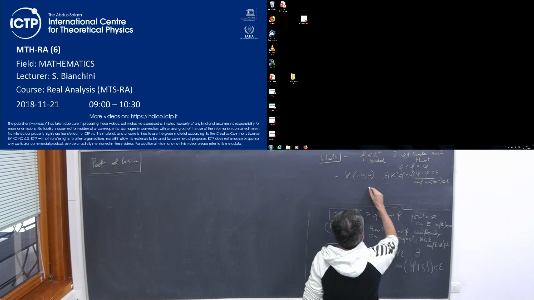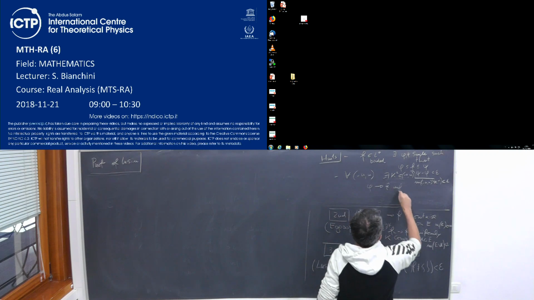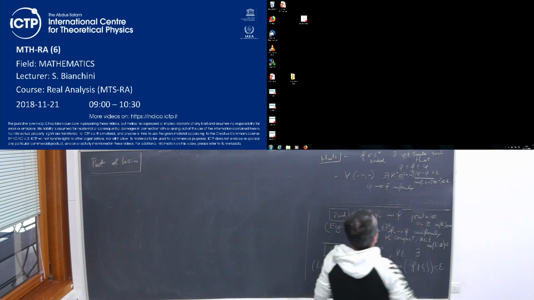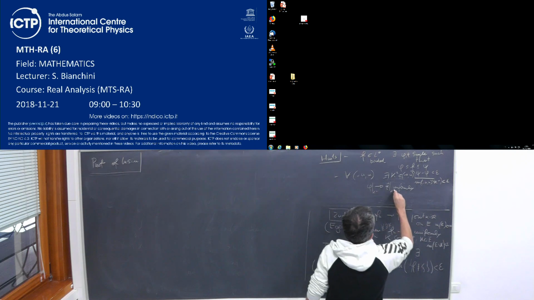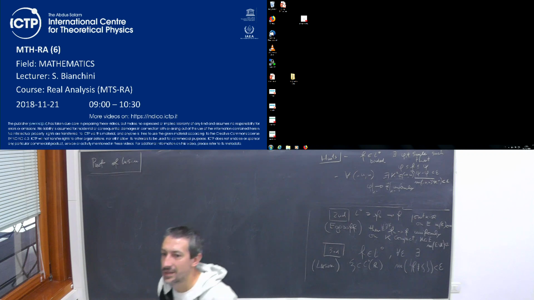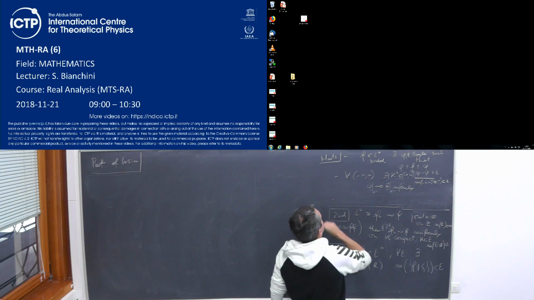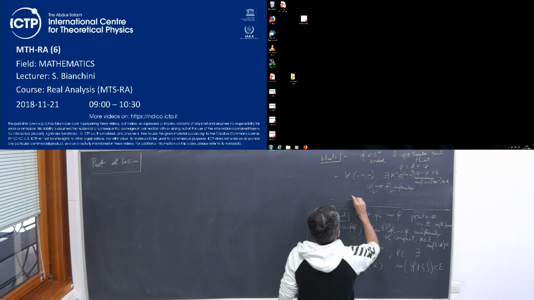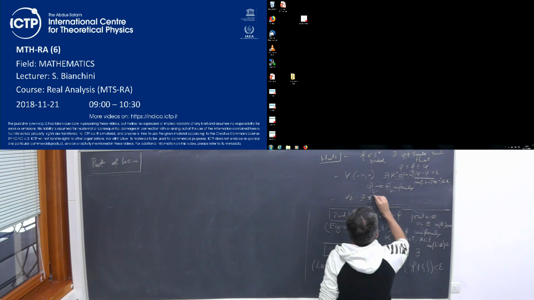And then what I have is that phi_n converges to f uniformly. But also we can use what we discussed earlier: if we have such a simple function, we can find a continuous one such that the measure of the set where they differ is smaller than epsilon. And this is the last part. So for all epsilon, there exists a psi continuous. Let's say this is phi_n.